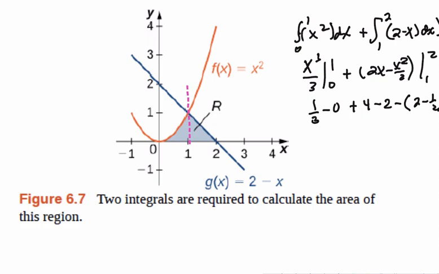And then once we add that all up, let's kind of put things together here. So all the whole numbers I see here, 4 minus 2 is going to become 0. So it really just ends up becoming 1/3 plus, because this negative would distribute, 1/3 plus 1/2. And if we get a common denominator 6, that's 2/6 plus 3/6, or 5/6 square units.